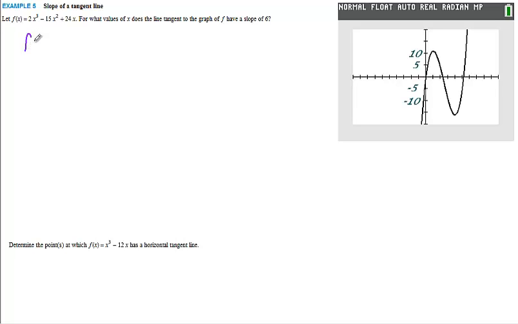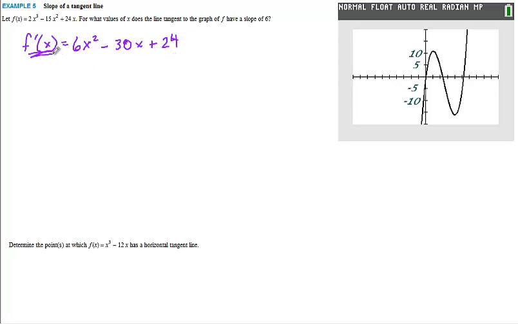Alright, so I need to find the derivative of that function. So I would get power drop rule, 6x squared minus power drop, 30x plus 24 using power drop rule again.